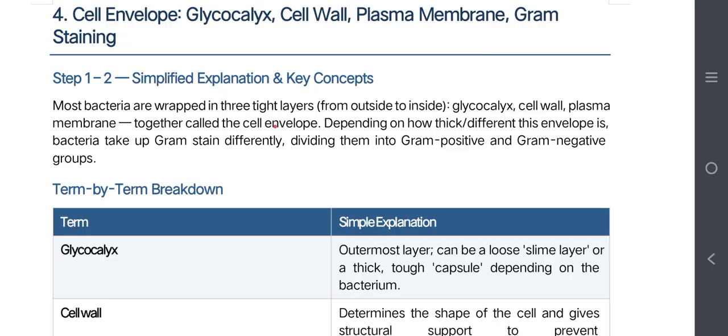Depending on how thick and different this envelope is, bacteria take up Gram stain differently, dividing them into Gram positive and Gram negative groups.